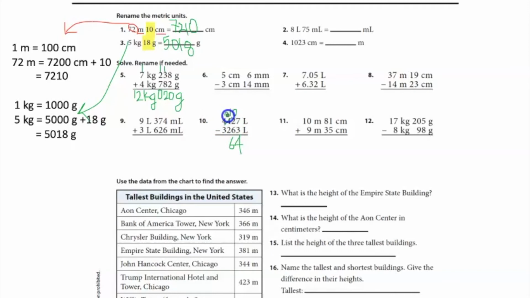And now this is 3, right? Because we borrowed 10 previously. Now let's take away 3 from 2, and it will give us 1. 4 minus 3 is also 1. And the unit is the liter. All right? So this is how we do number 5 through 12.